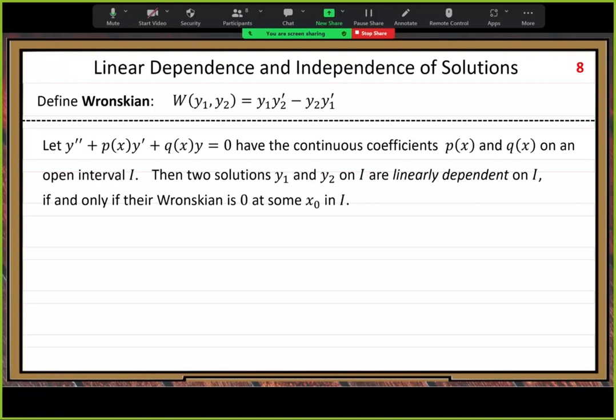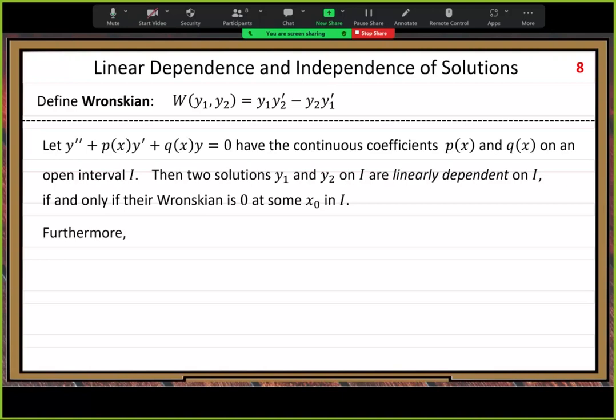Only 1 point, not all points. It's enough to tell you y1, y2 are linearly dependent. Pay attention to this detailed condition.